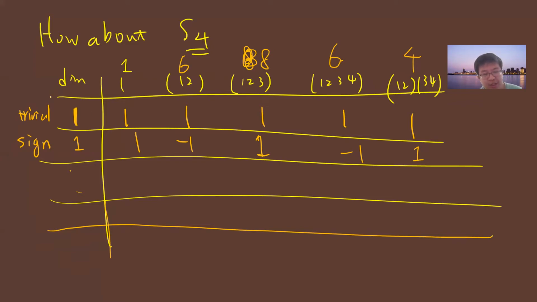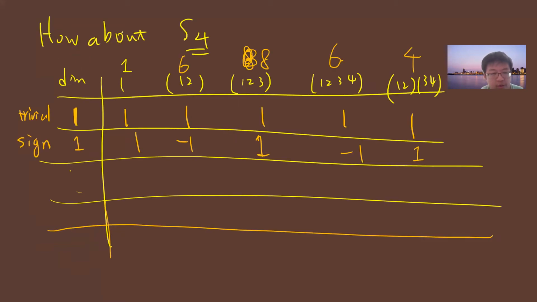The key idea is that I can consider the regular representation, which is 4-dimensional. Its character will be 4 for the identity; for this 1 2, only 3 and 4 are fixed, so it's 2; for this one, only 4 is fixed, so it's 1; and this is just 0, because everything changes. Then regular minus trivial will give you another representation, let's call it U, which is 3, 1, minus 1, 0, minus 1. So this one is irreducible.